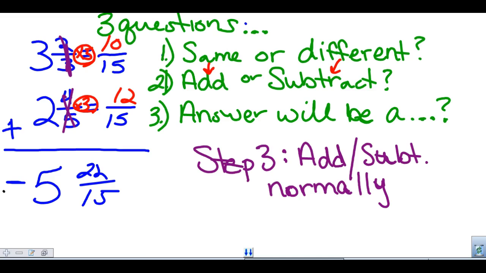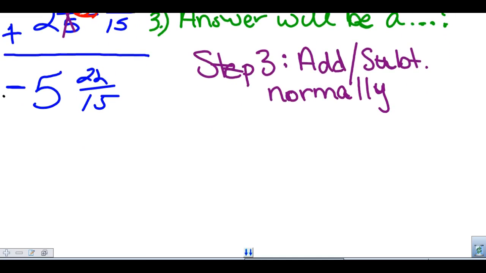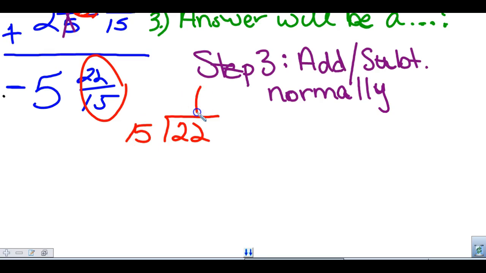However, that's called an improper fraction. We have more numerators, more pieces than one. Okay, more than one piece here. Simplifying that rather, we have to ask ourselves how many wholes are there? Well, there's one group of 15 in there, and there's 7 left over.